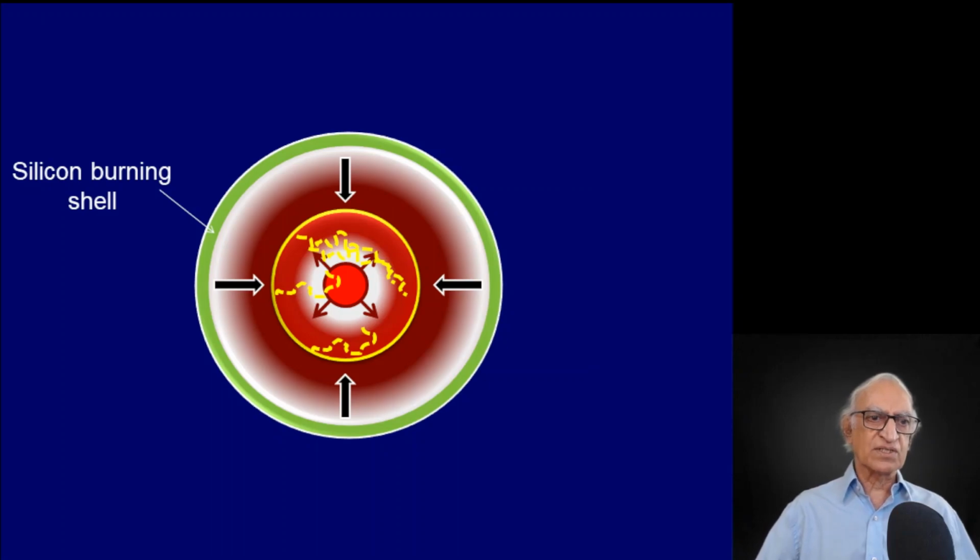So let's look at this picture. This is the collapsing core, this is the inner core, and you have formed a neutron star. And these dashed lines are the neutrinos. So let's look at this carefully. Here is the outer core, which is falling freely. Surrounding the outer core is a silicon burning shell.